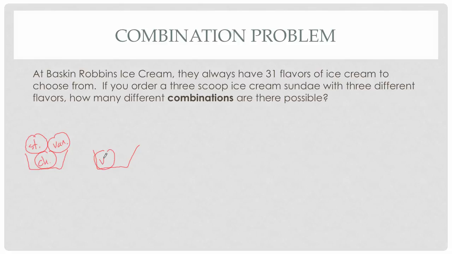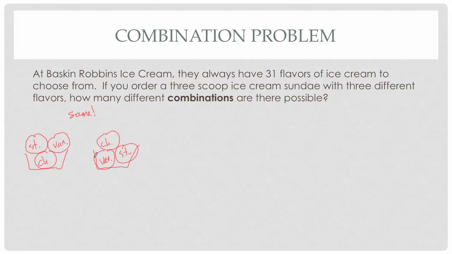Maybe they choose vanilla first, and then they choose strawberry right here, and they choose chocolate. This is the same exact sundae, right? I'm walking away with the same bowl of the same scoops of ice cream. I don't really care what's on top or side or whatever. It's the same thing. So it doesn't matter which I ordered and which they put the scoop in. I have the same bowl of 3-scoop ice cream.